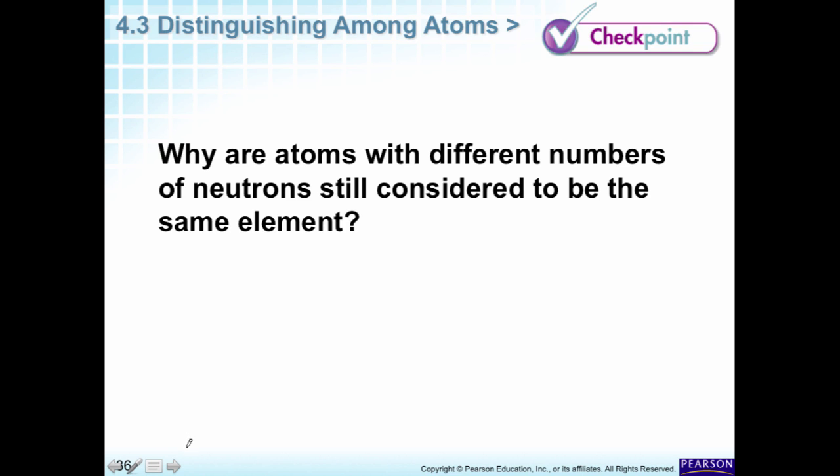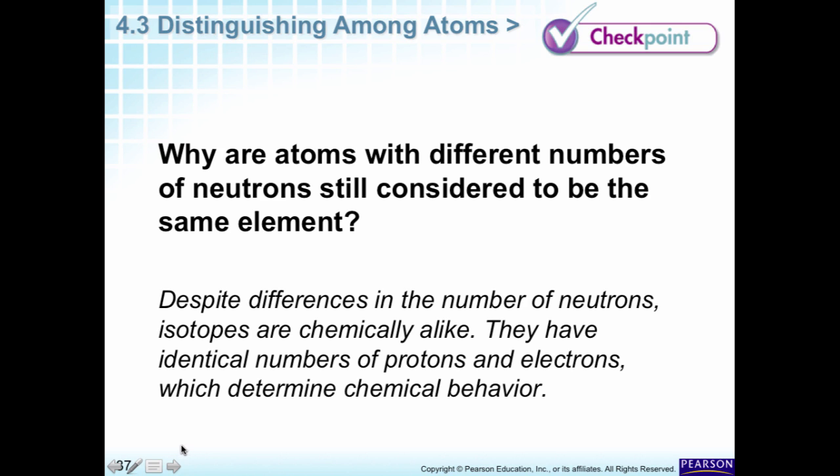The neutrons don't have a charge. They're in the nucleus, and they don't really react. So chemically, the isotopes are similar. They have identical numbers of protons and electrons, and this is what determines the chemical behavior.